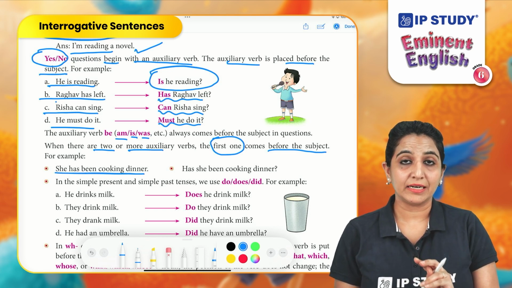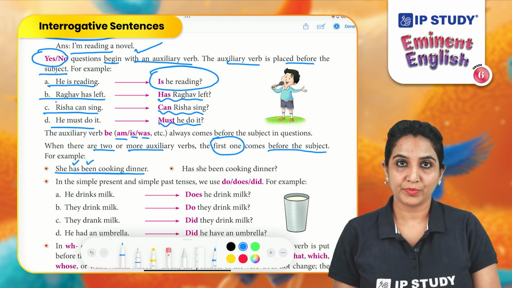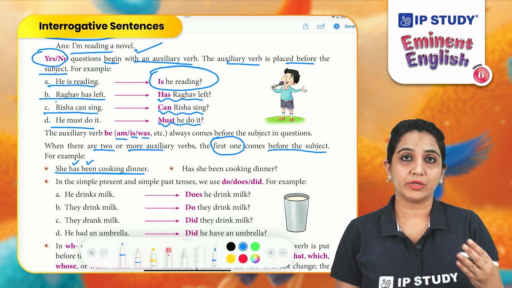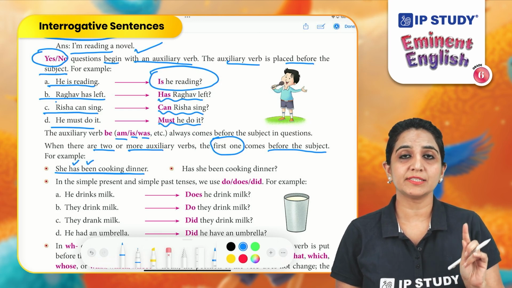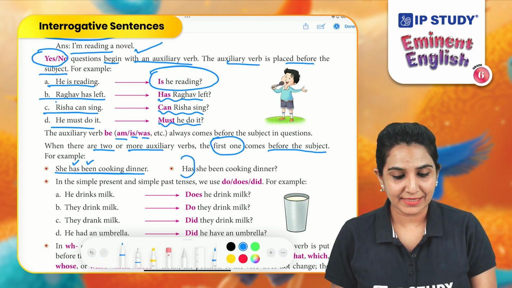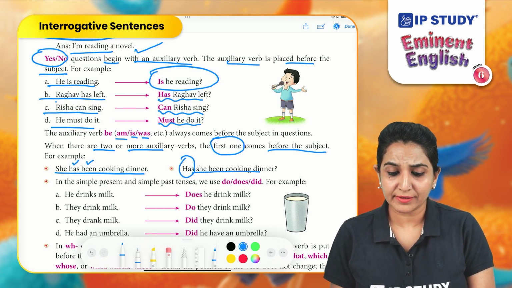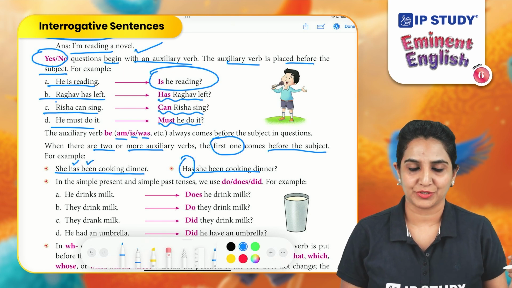Now, there are two auxiliary verbs, has and been. When we convert this sentence into a question, we put the first auxiliary verb before the subject. Has she been cooking dinner? This is the correct question.